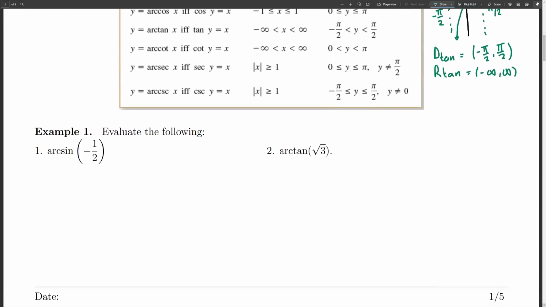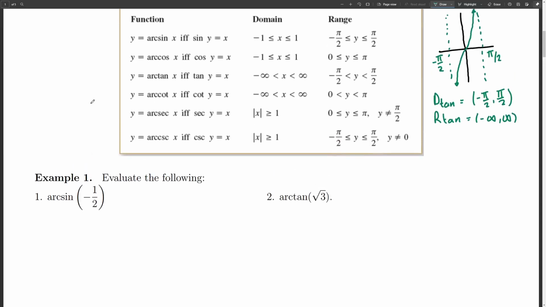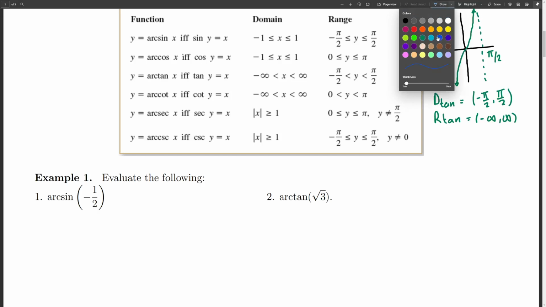So let's take a look and evaluate the arcsine of negative 1/2. So let's use the definition here. And we see that the definition tells us that y equals arcsine of x if and only if sine of y equals x.